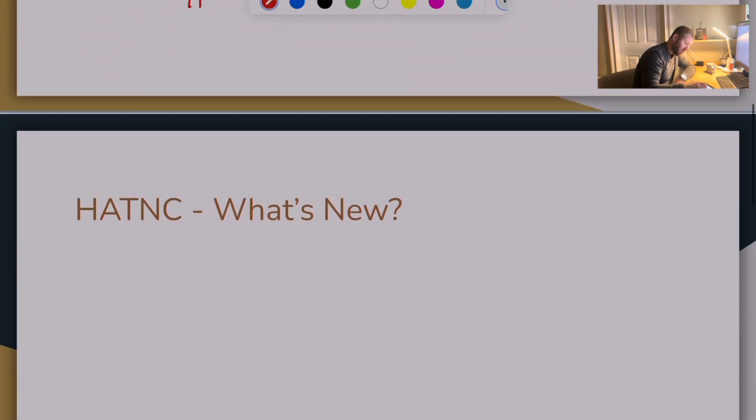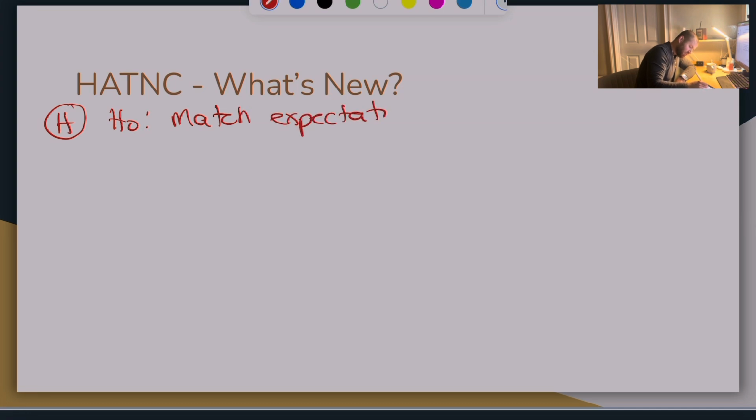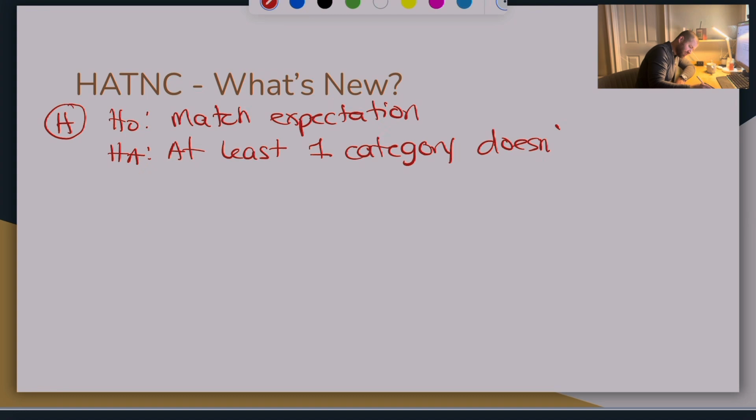And so when we take a look at our hypotheses, the null is going to be that we do match the expectation. The alternative here, which I think is very important to note, is that at least one category doesn't match. This part right here is probably the most important thing here.